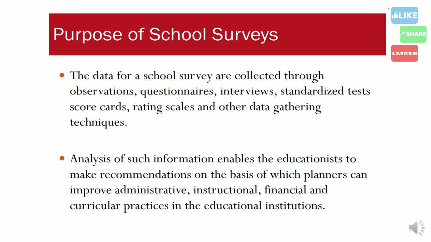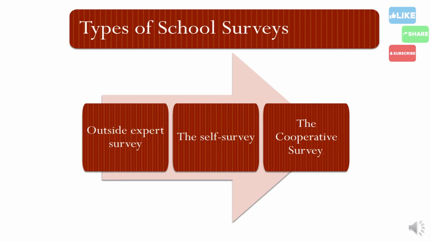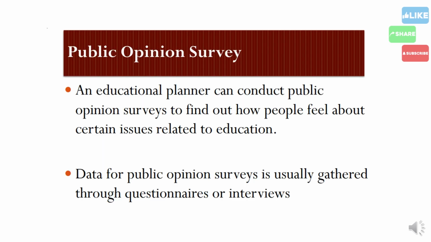Analysis of such information enables the educationist to make recommendations on the basis of which planners can improve administrative, instructional, financial, and curricular practices in educational institutions. So they have types of school survey like the outside expert survey, the self survey, and the cooperative survey. These are the school surveys. Now there is public opinion survey, the next type.